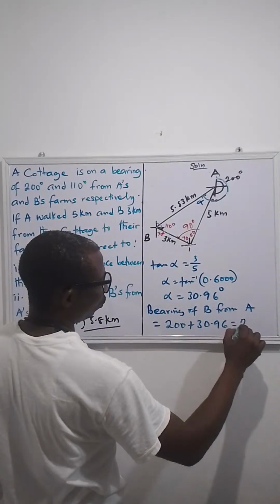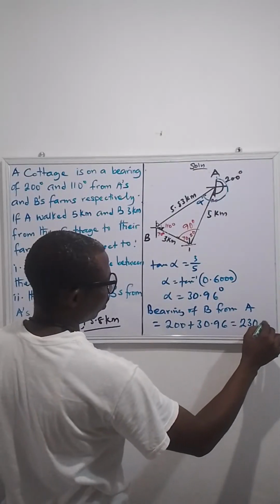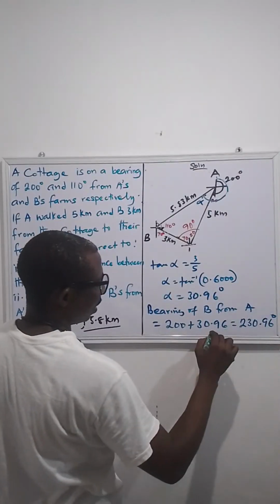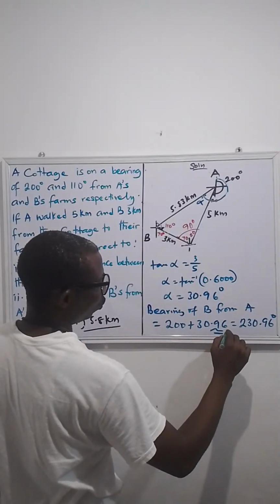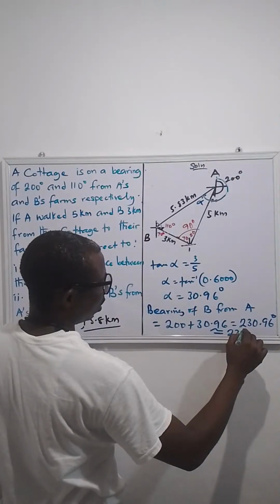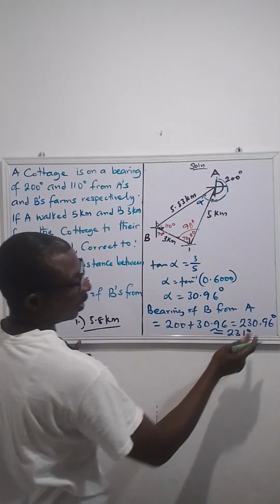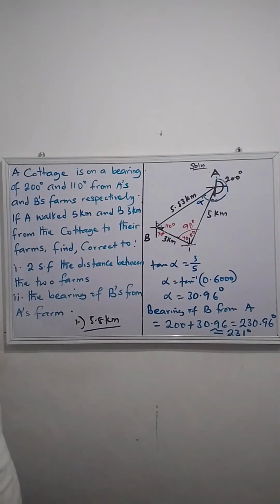And that gives us 230.96 degrees. And that's approximately what? That is approximately 231 degrees. So you correct to the nearest degree. So that's 231. All right. So that is the answer to the problem.